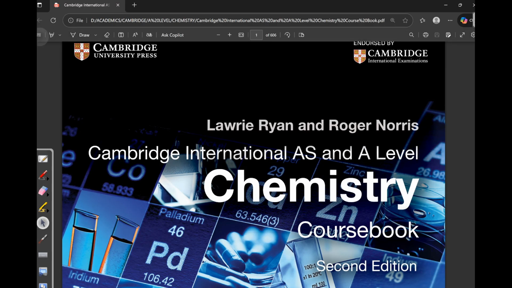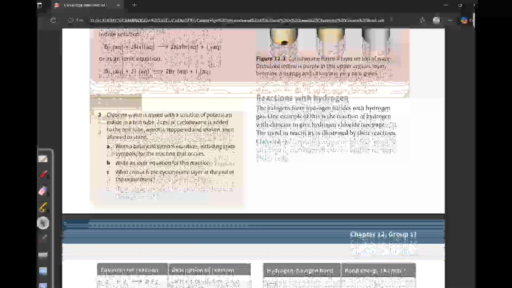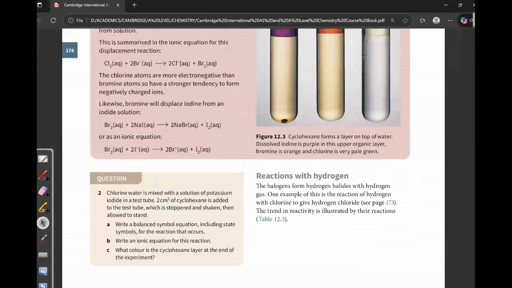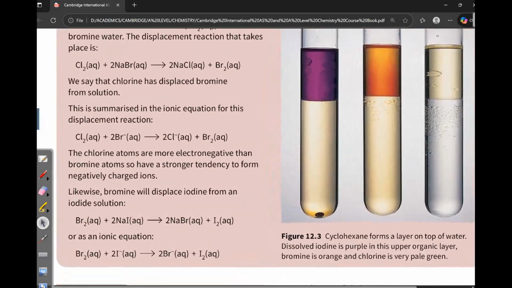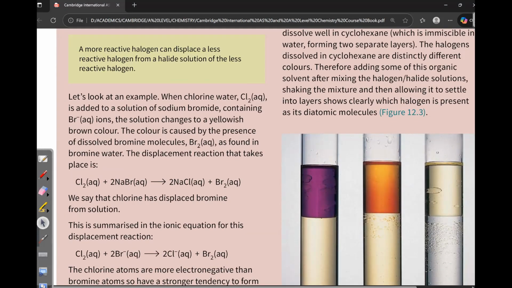So when we come to this book here in group 17, there is a table here that shows what I talked about, the displacement reaction. A more reactive halogen can displace a less reactive halogen from a halide solution of a less reactive halogen. So if you look at what we are having here, chlorine as a molecule can displace the bromine here.